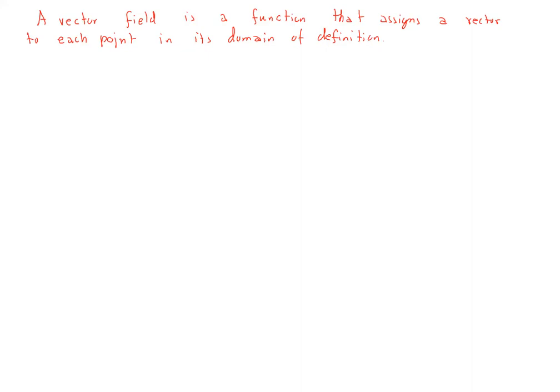for our purposes and for this course, we're going to work with two kinds of vector fields: in 2 dimensions, and here's what one of these vector fields would look like, and in 3 dimensions, and here's what such a vector field could look like.